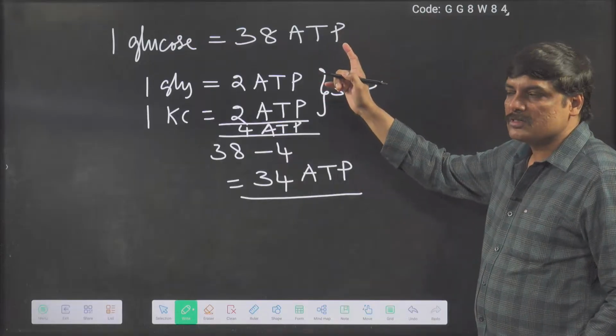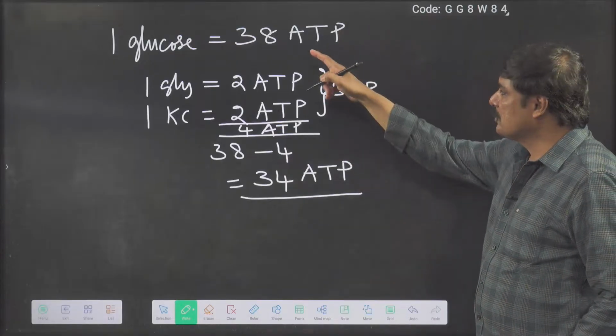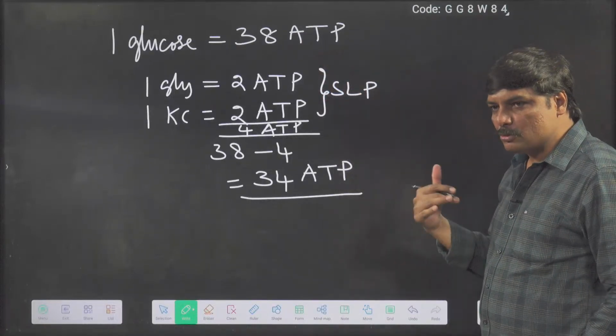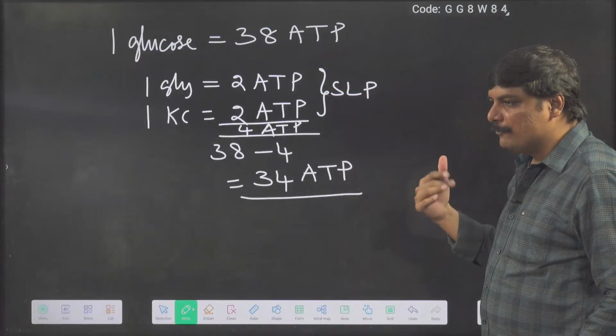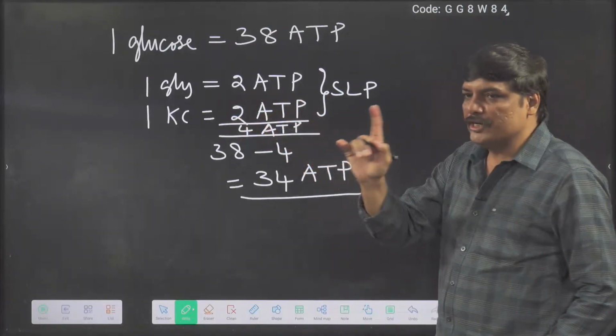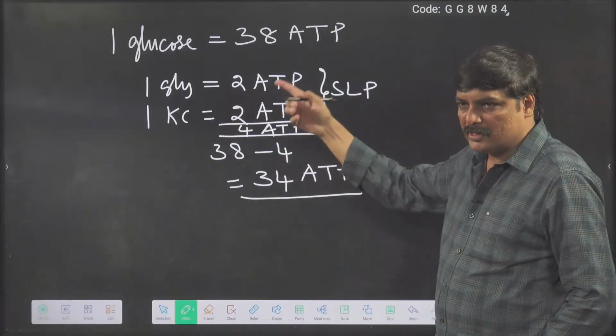One glucose upon its complete oxidation produces 38 ATP. But so far, directly formed ATP through SLP, in glycolysis only 2, in Krebs cycle only 2, I am telling about the net gain.